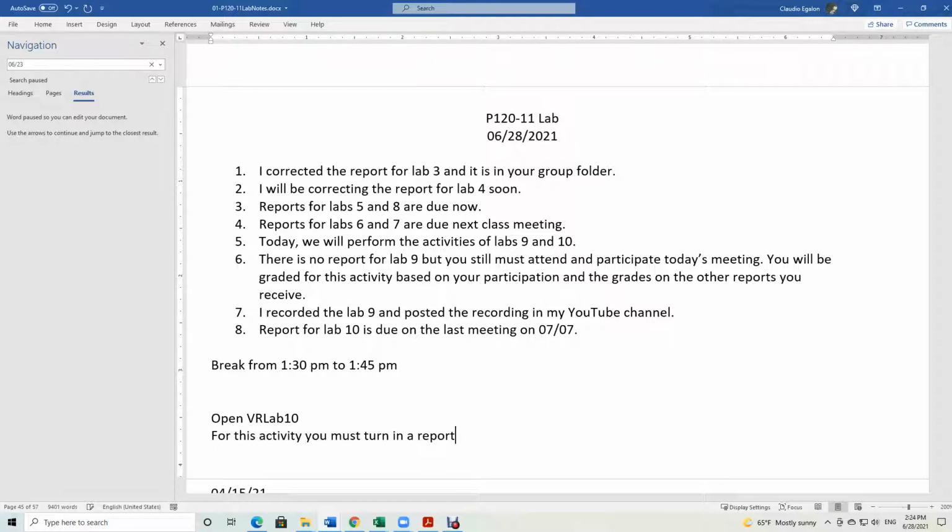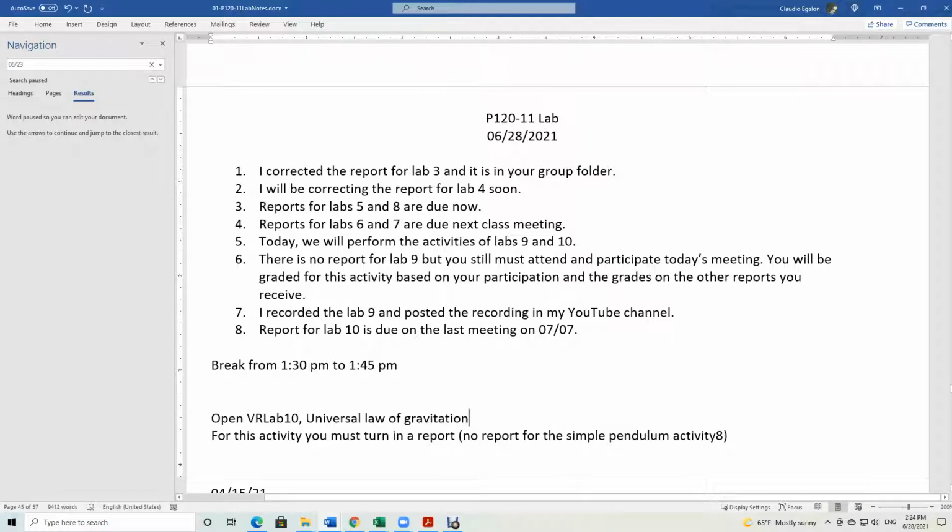You must turn in a report. No report for the simple pendulum activity. Universal law of gravitation. Simple pendulum activity is lab 9.